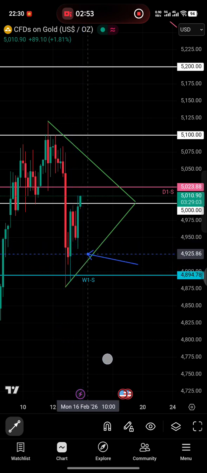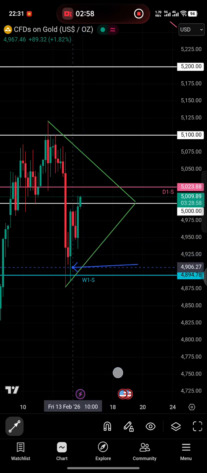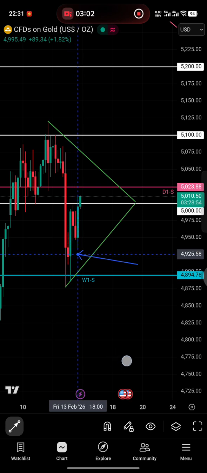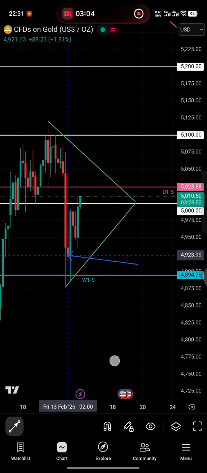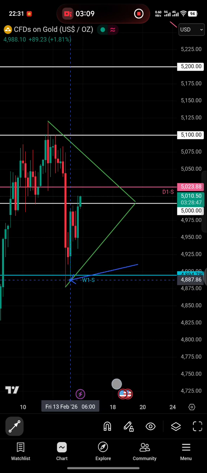And this reversal is what we call a complete reversal. But it wasn't created successfully by its first move, because a successful reversal should be created below the previous candle's bottom wick, right?